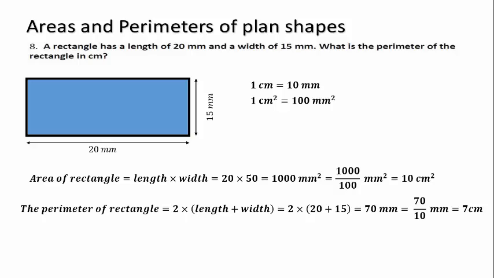So 1000 divided by 100 will be 10 square centimeters. The perimeter of a rectangle equals twice the sum of length and width. So 2 times 20 plus 15 equals 2 times 35 equals 70 millimeters. But I want to convert 70 millimeters to centimeters. So I will divide by 10. It will be equal to 7 centimeters.